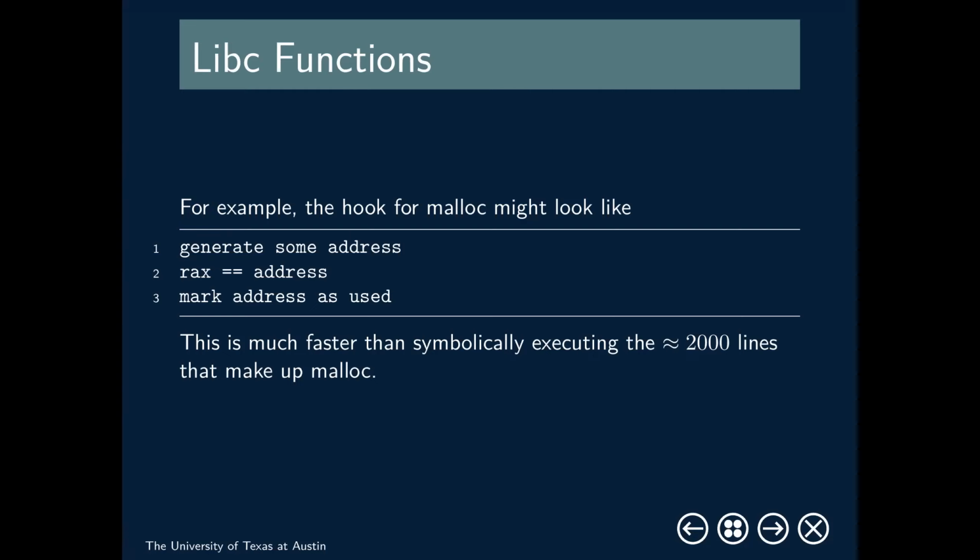It's probably 1 line of Python code. And it's infinitely faster than symbolically executing the 2,000 lines that make up malloc. So this allows us to essentially get around libc functions without really doing anything.